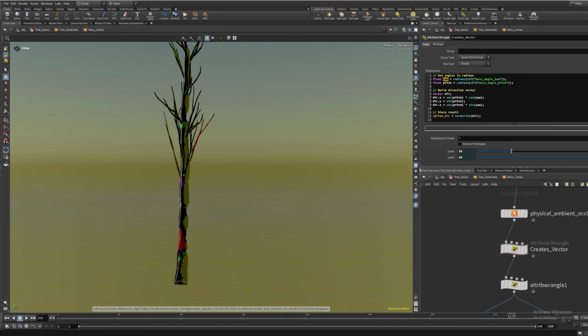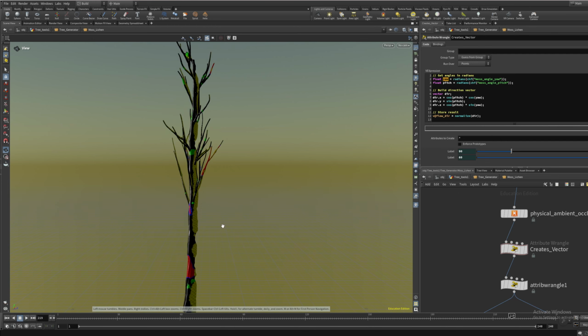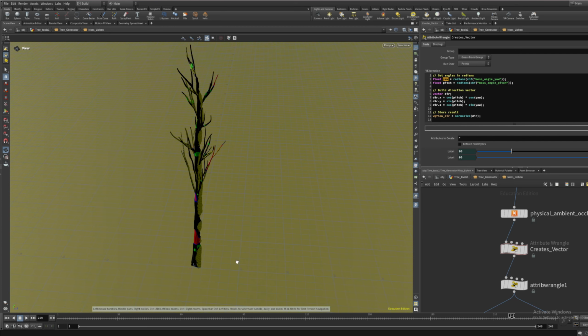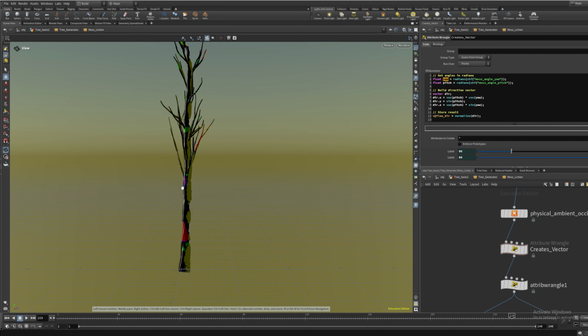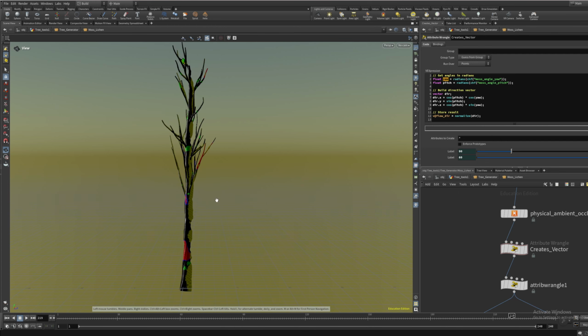Okay, hi guys. So I'm gonna just quickly explain how the moss generation works using the yaw and pitch value input. The attribute wrangle that's responsible for telling us which points have moss uses a 3-vector value.